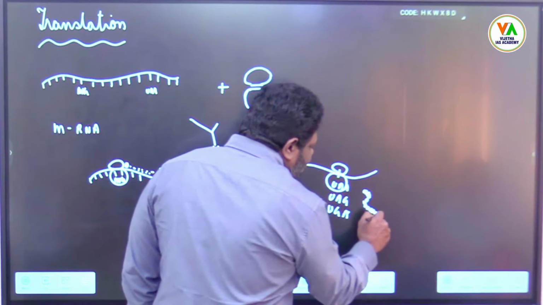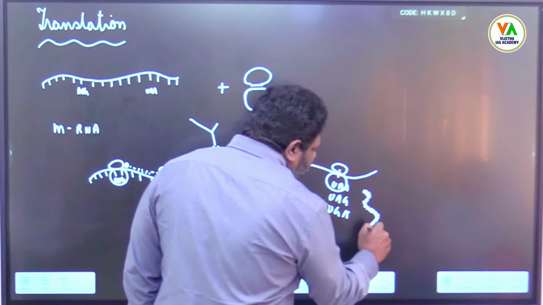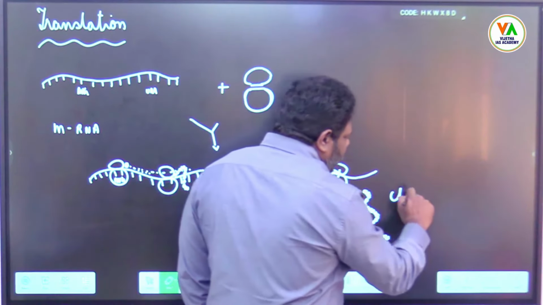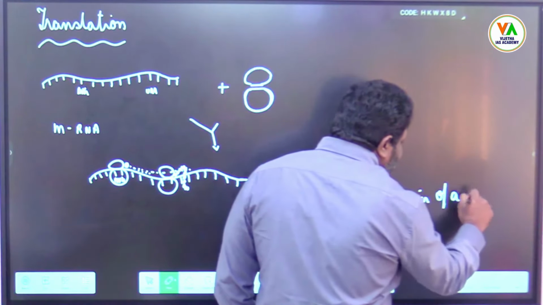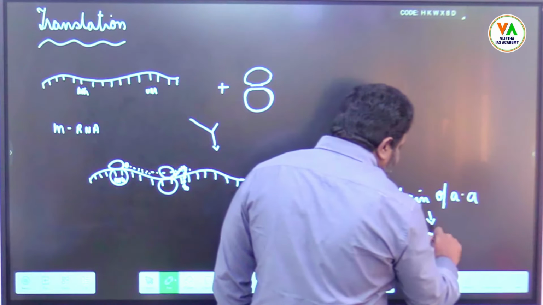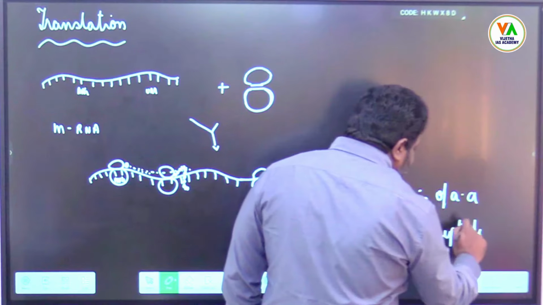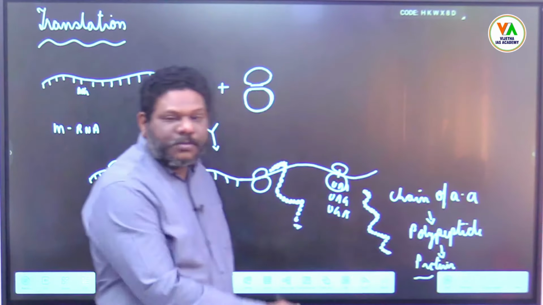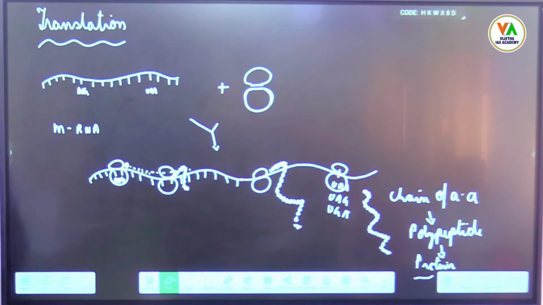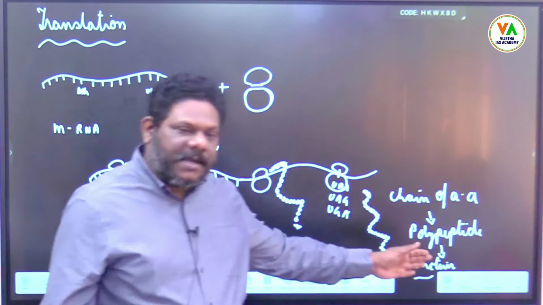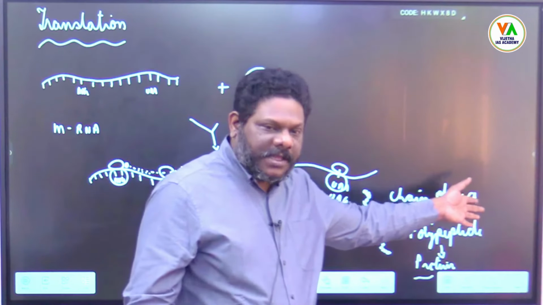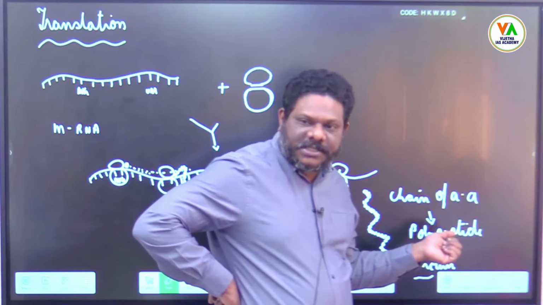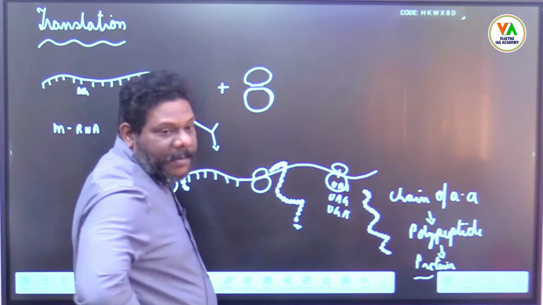A chain of amino acids is what? A polypeptide. A polypeptide is nothing but a protein. And these proteins form the structural elements of the cell. They form the neurotransmitter, they form the enzyme, they form the antibody, everything. So at molecular level, these proteins serve definite physiological functions, and that is initiated from mRNA.